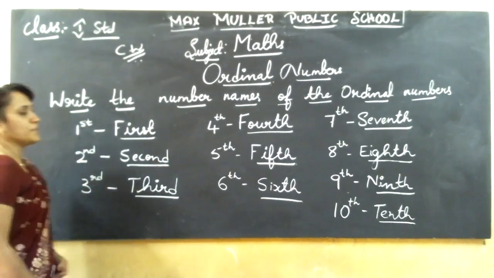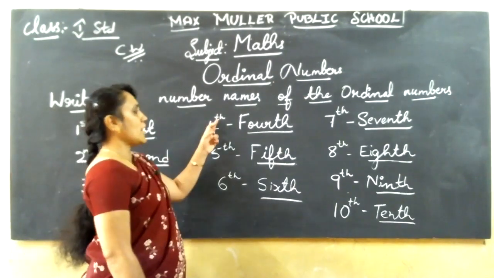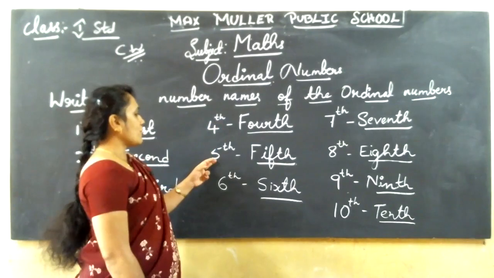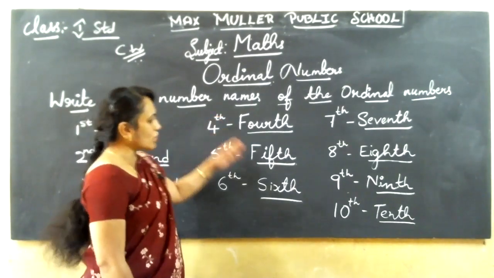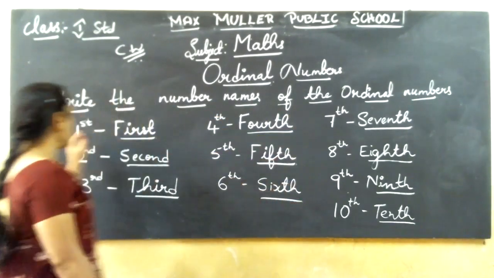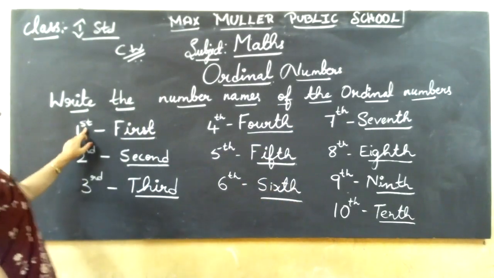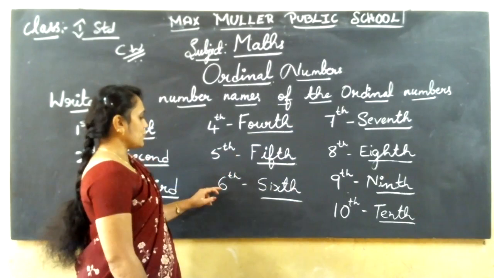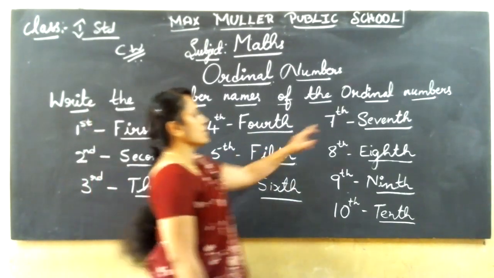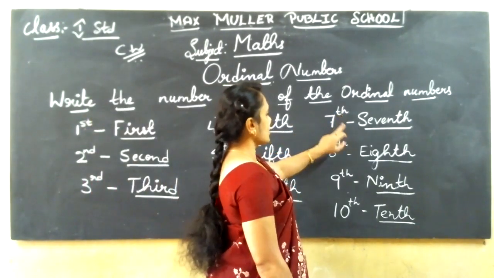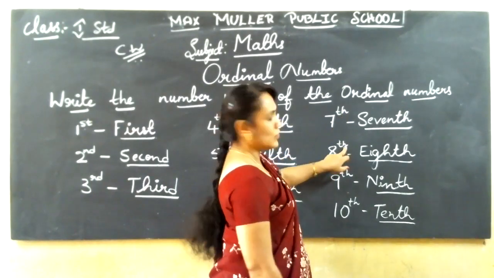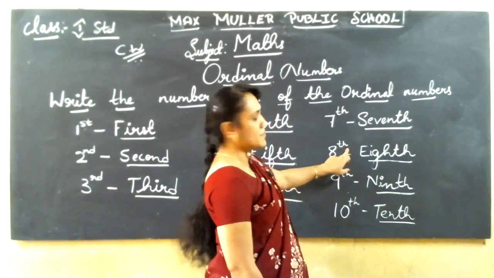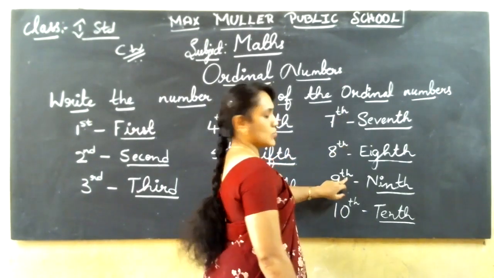That is third. Then for fourth, you will add TH. Fourth. For 5 also, from fourth onwards, all TH only. Only first, second, third will change here. Okay. Fifth, you will add TH. For 6, you will add TH. Sixth. For 7 also, you will add TH. That is 7th. For 8 also, you will add TH. That will become ordinal number 8th. Then 9th also add TH.